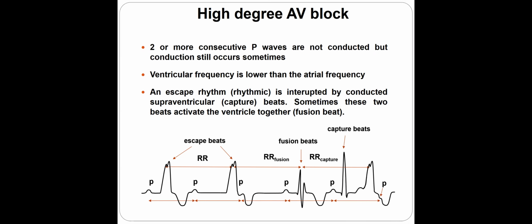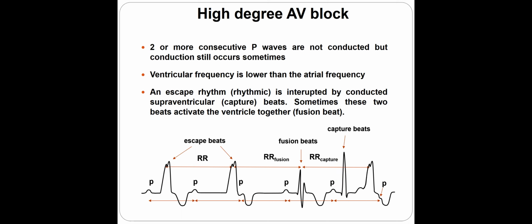How do we know? If you are lucky, you can look at the shape of the QRS complex. These are ventricular escape beats. However, when we have a capture beat, that QRS complex should be narrow, a supraventricular QRS complex.